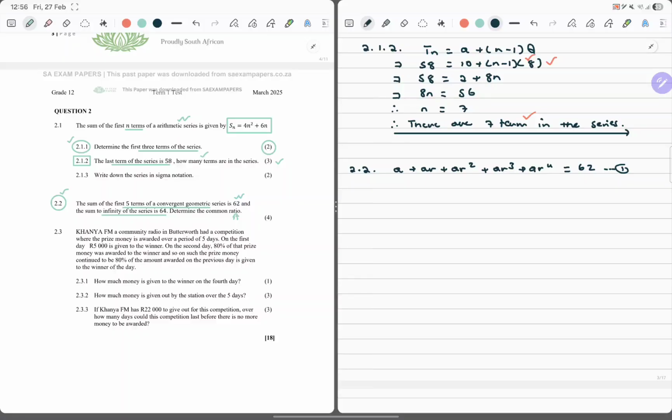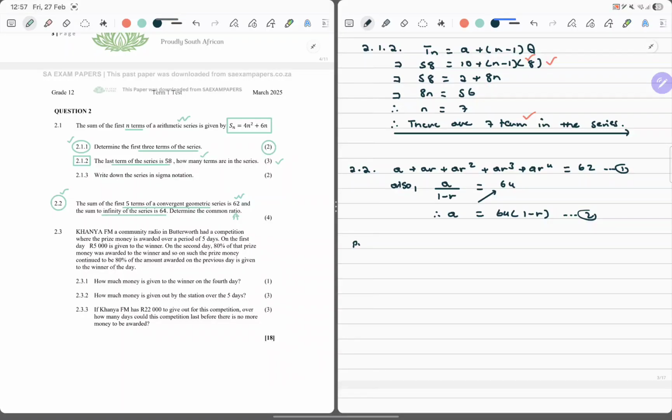And then we are told that the sum to infinity, which is going to be A over 1 minus R, is equal to 64. Okay, cross multiply here. We can see that A is going to be 64 into 1 minus R. Can make this equation 2.